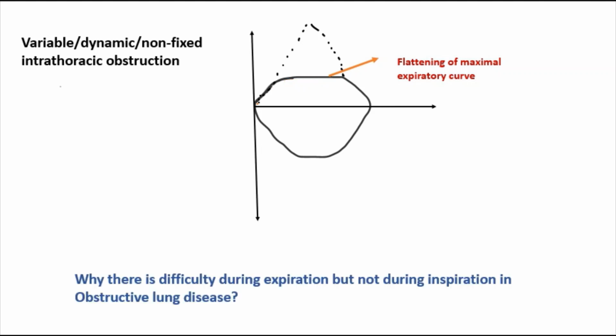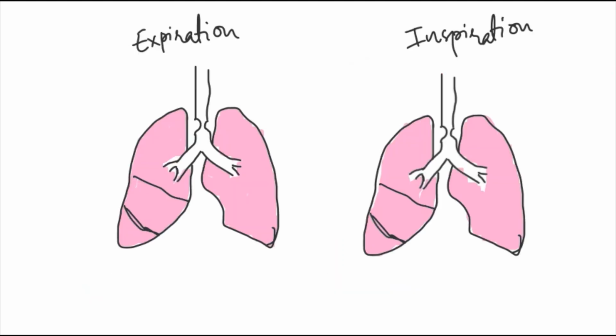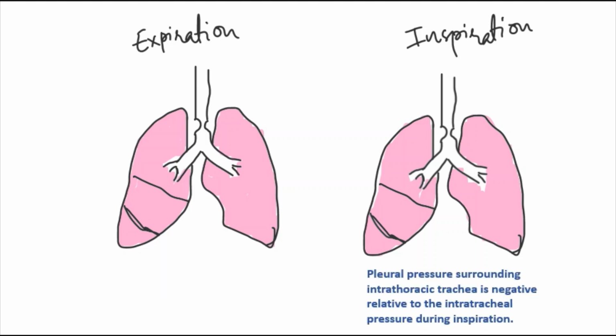So the question is, why is there difficulty during expiration but not during inspiration in obstructive lung disease? Let's take a look. The reason is that the pleural pressure surrounding the intrathoracic trachea is negative relative to the intratracheal pressure during inspiration.